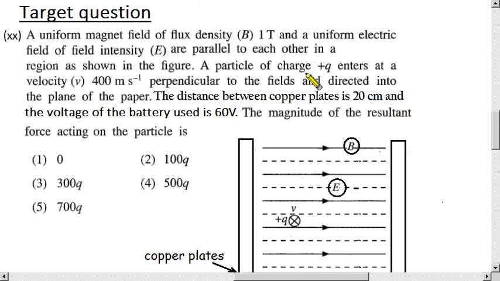A particle of charge positive Q enters at a velocity of 400. Other things are all the same as previously. So this one is new: the distance between the copper plates is 20 centimeter and the voltage of the battery used is 60 volt. The magnitude of the resultant force acting on the particle is the same answers.